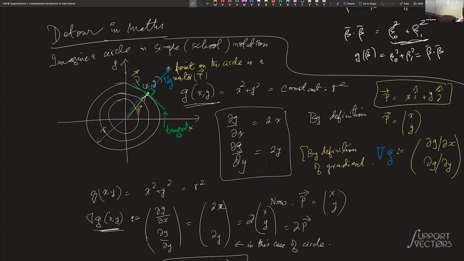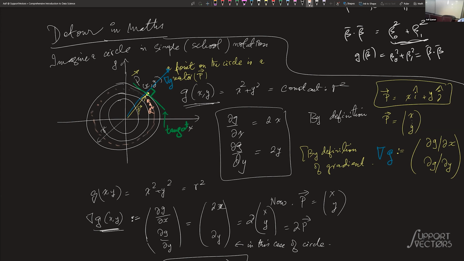Now, if I want to go in the direction of maximum increase of value of G, suppose I take a point Q. At Q, if I go in this direction, parallel to this contour surface, let me draw one more contour surface here.